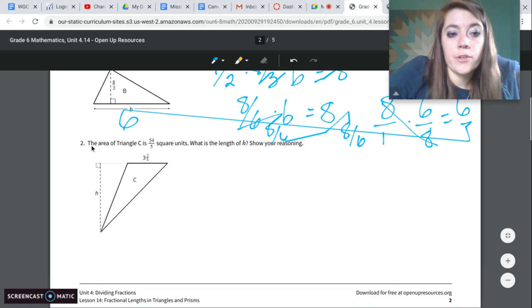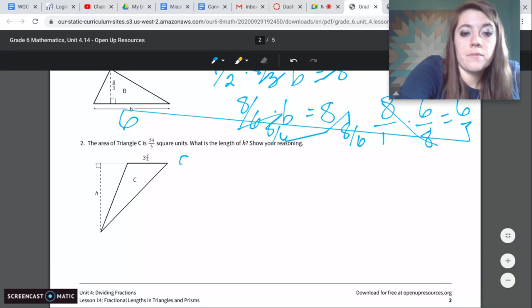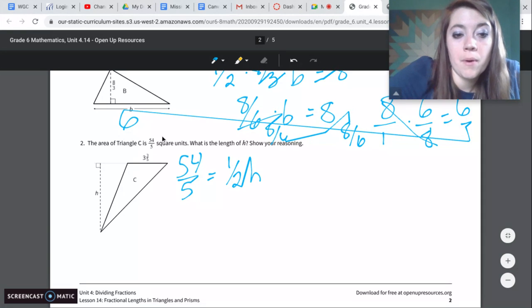All right, for 2, the area of triangle C is 54/5 square units. What's the height of H? So 54/5 equals 1/2 times the height times the base, which is 3 3/5. And the 3 3/5 I'm going to convert right away to an improper fraction.